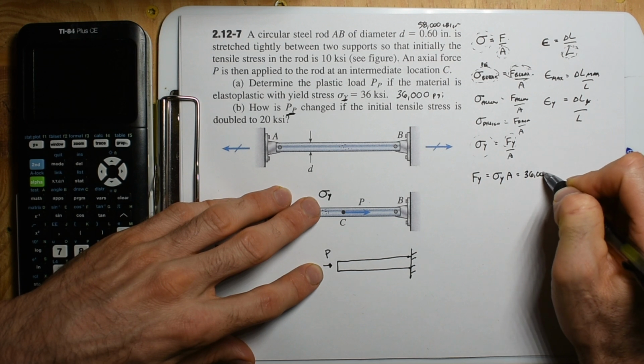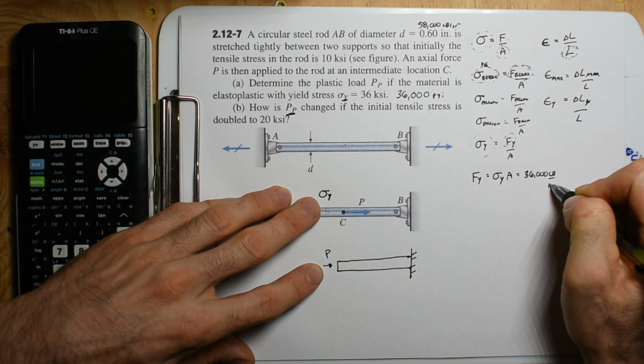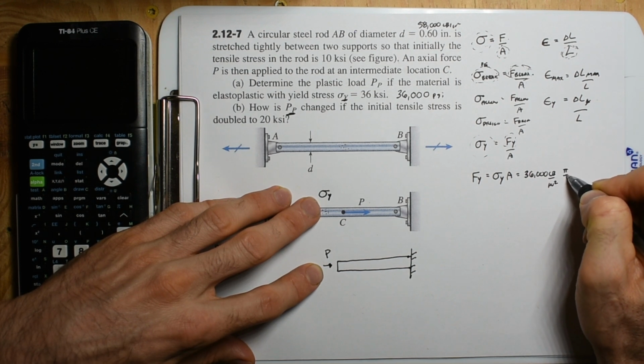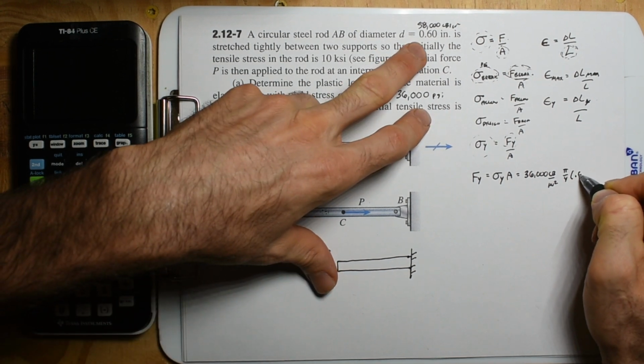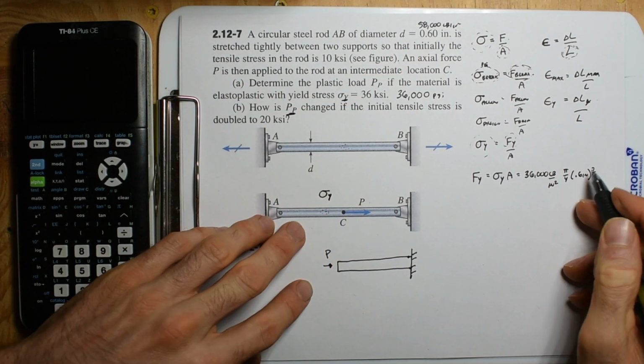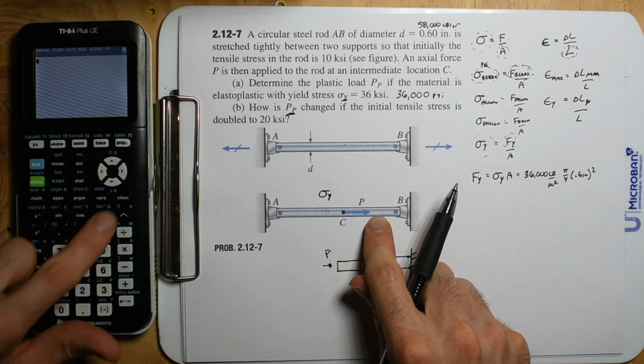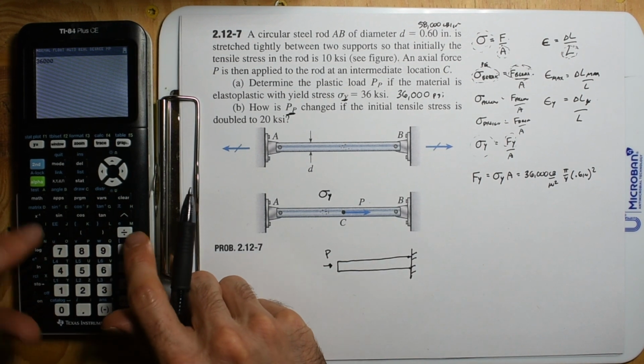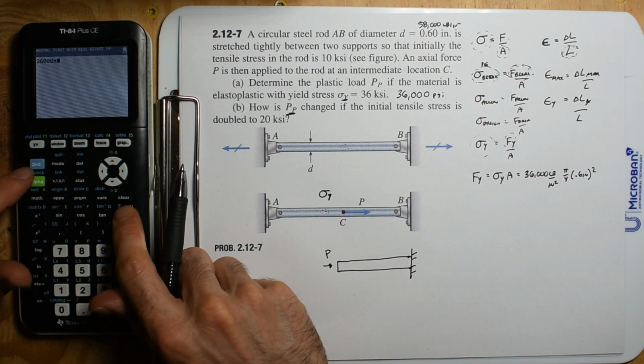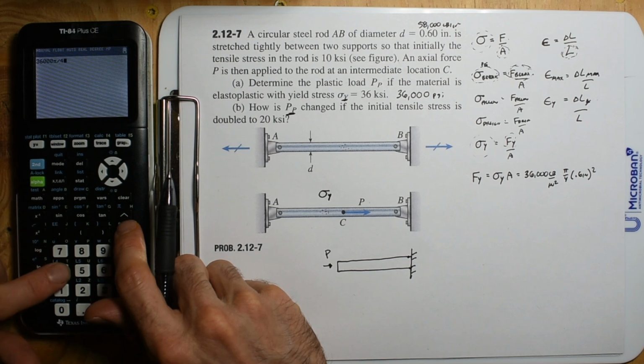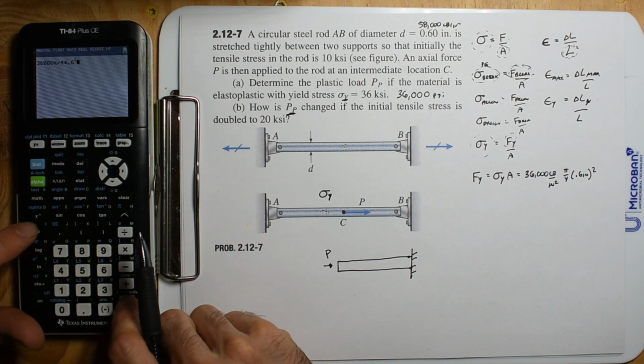We have 36,000 pounds per inch squared times pi divided by 4 times 0.6 inches squared. That's going to be the area of this. So we can just do that: 36,000 times pi divided by 4 times 0.6 squared.